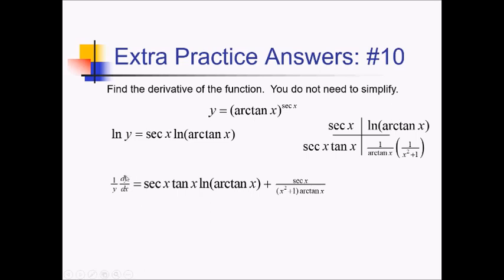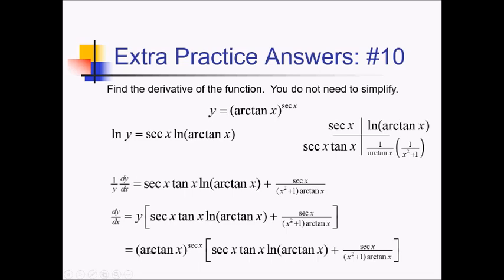So to do that, I'm going to multiply both sides by y. That'll give me y times all the stuff on the right side in a big parentheses. And you could call it a day on this one, but if you wanted to get everything in terms of x, you could substitute the original expression back for the y down here, and sometimes you have to do that. You didn't this time around, but hey, here's an alternate answer.